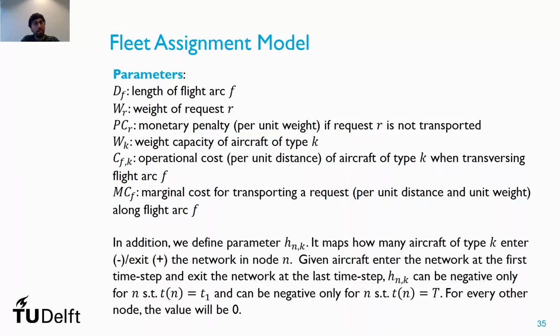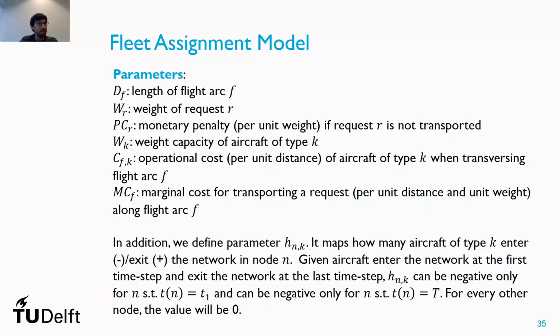In addition, we define a few parameters. We define parameter H, indexed by n and K, and this maps how many aircraft of type K enter, and we'll use a minus, I'll show you later why, or exit, with a plus, the network in node n.